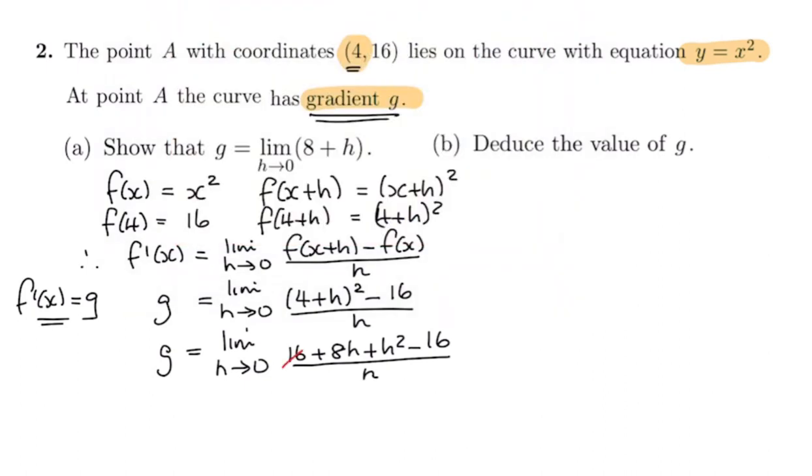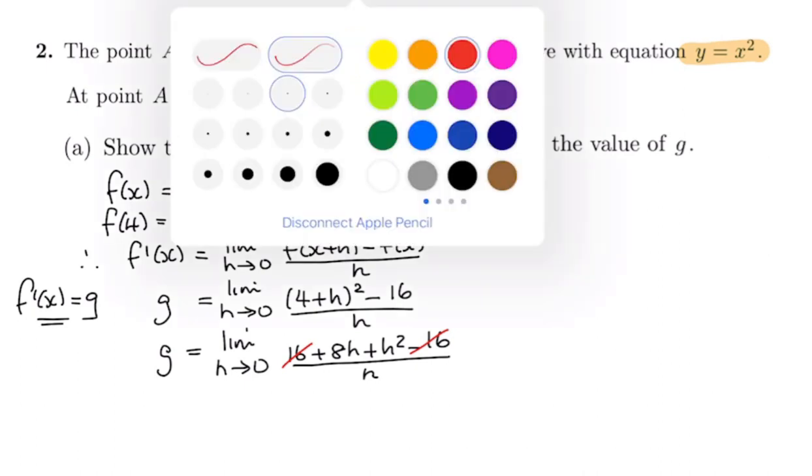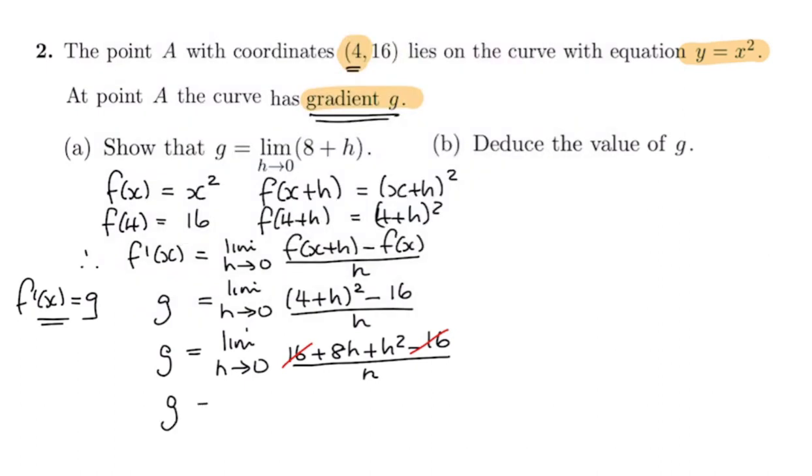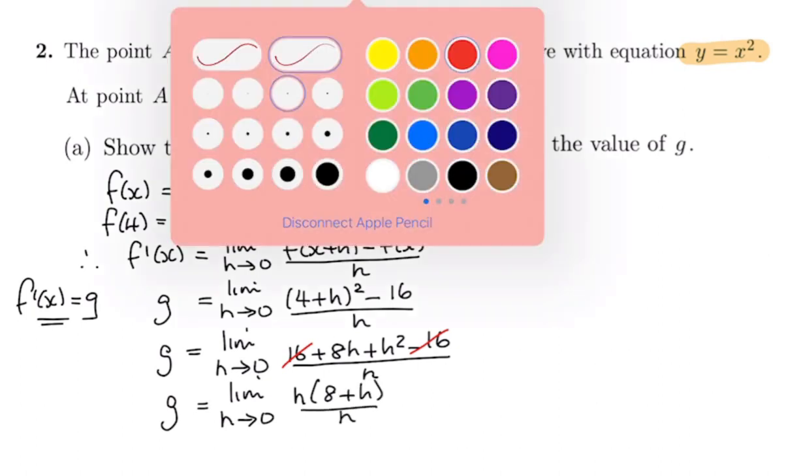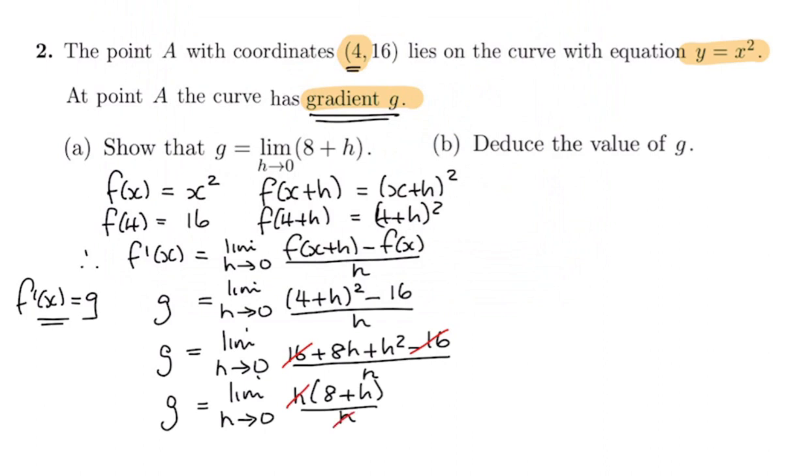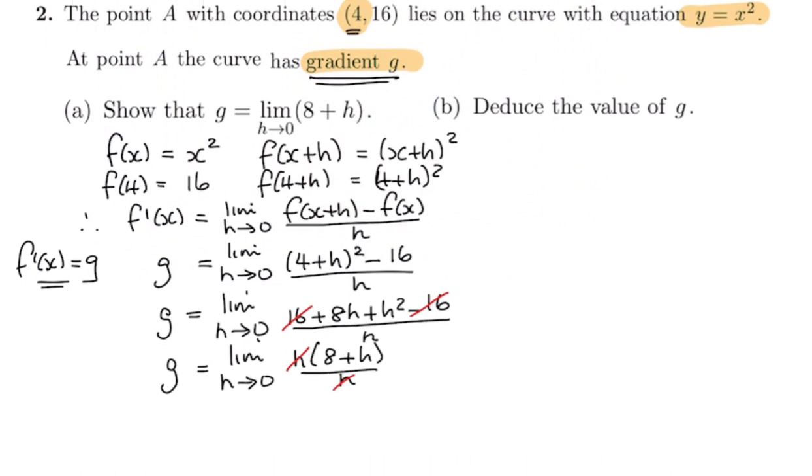As before, 16s will cancel, and I'm going to pull out h as a common factor from the numerator. So we'll get the limit as h tends to 0 of h bracket 8 plus h over h. Again, these h's cancel, and what are we left with?